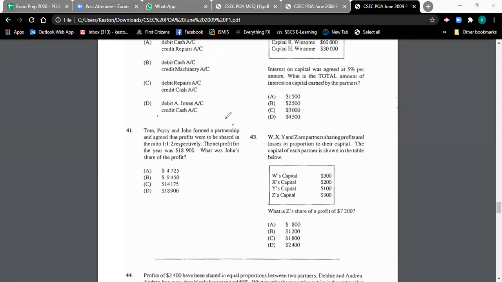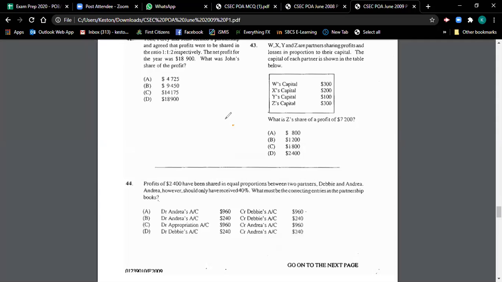44. Profits of 2,400 have been shared in equal proportions between two partners. Andrea, however, should only have received 40%. What must be the correct entries in the partnership books? Andrea should have received that. So it's the two partners' accounts we need to look at, right?